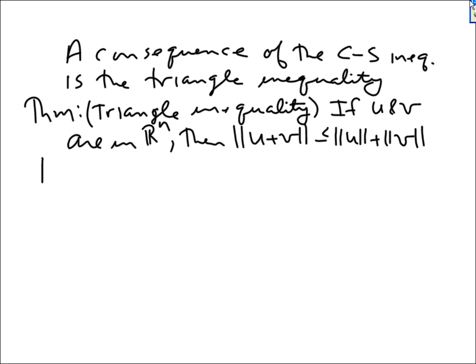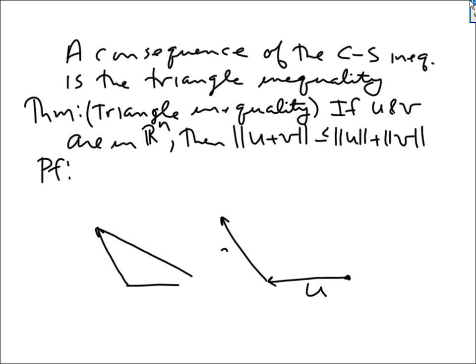Now, before we prove this, I want to motivate it in R2. If this is u and this is v, this third side has to be smaller. Okay, and let me draw it more appropriately. If I start here and I go that way, that's u. And then from u, if I come up here, that's v.